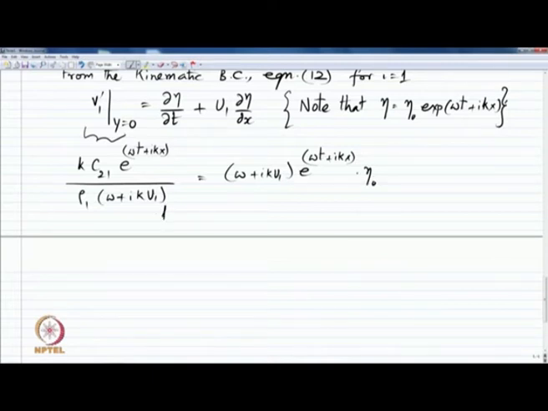So, simplifying, we see k times C21 equal to rho 1 times omega plus I k u1 squared times eta naught.